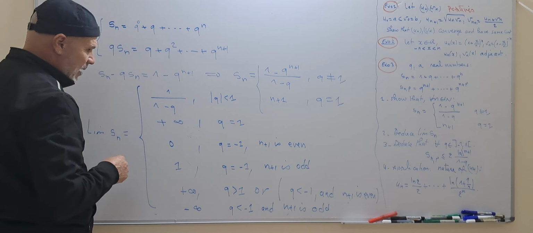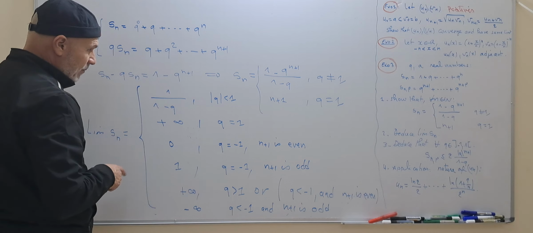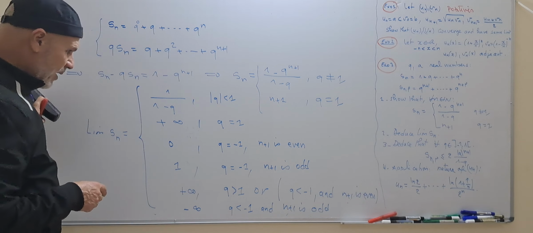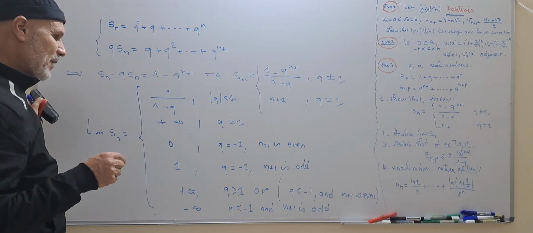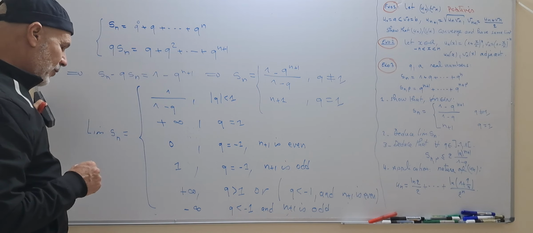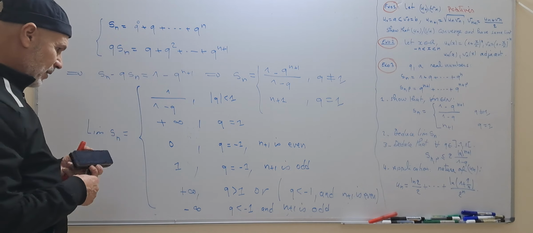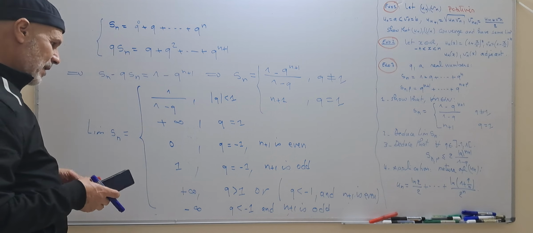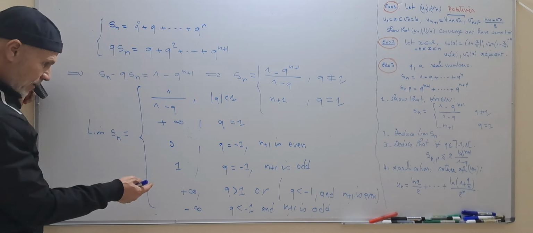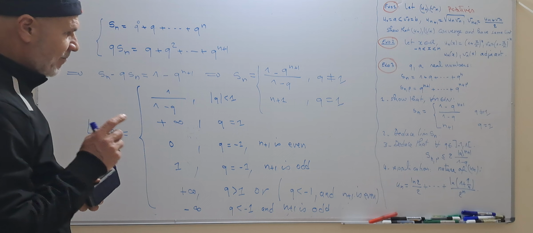Q equal to minus 1 and n plus 1 is odd. Plus infinity if q is greater than 1 or q is less than 1, but n plus 1 is even. Q less than minus 1 and n plus 1 is odd. How about if q is less than 1 and n is equal to plus infinity? I think that this is all. Yeah, I think. I am not sure.